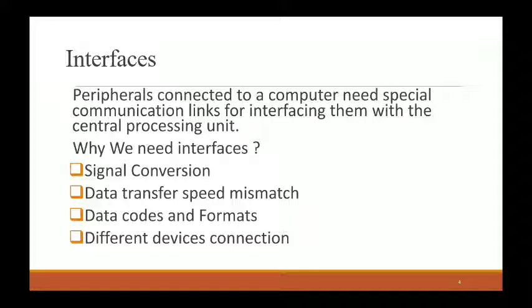What is a speed mismatch? Our CPU is a giant processing device. It is having huge processing capacity in terms of instructions. We can measure the speed of CPU in MIPS, million instructions per second, means in 1 second CPU can process 1 million instructions.